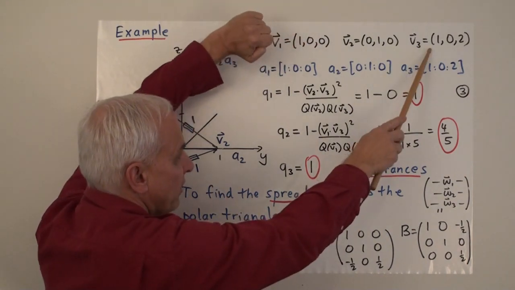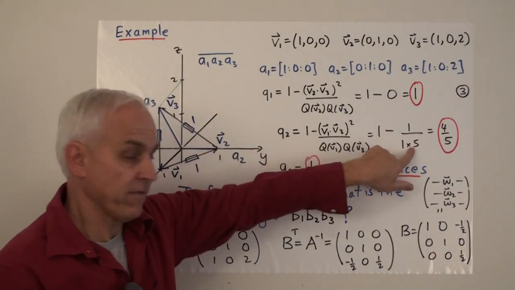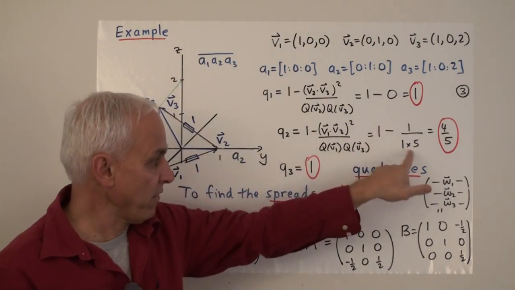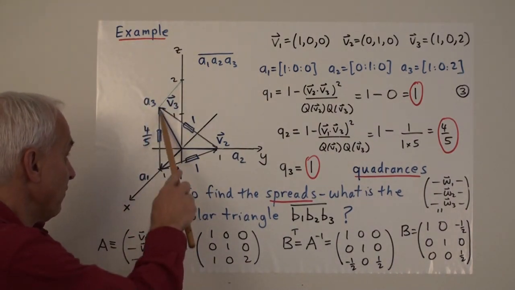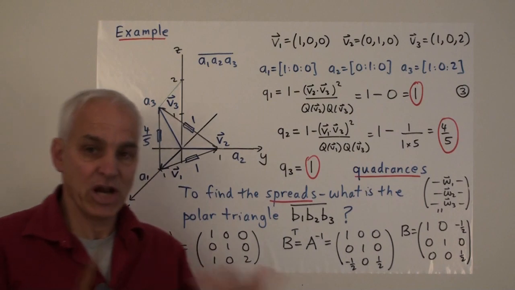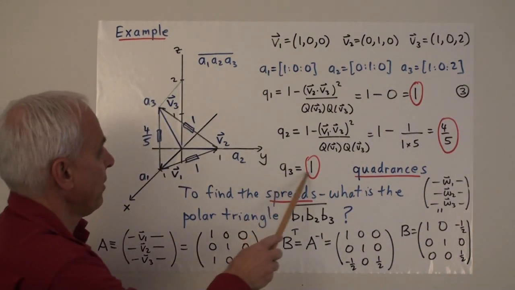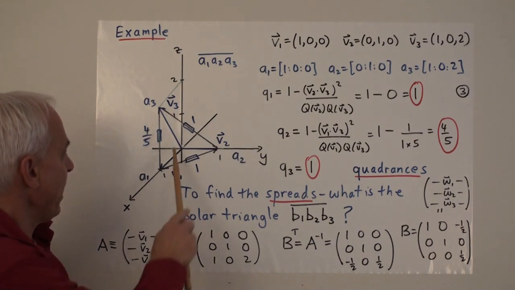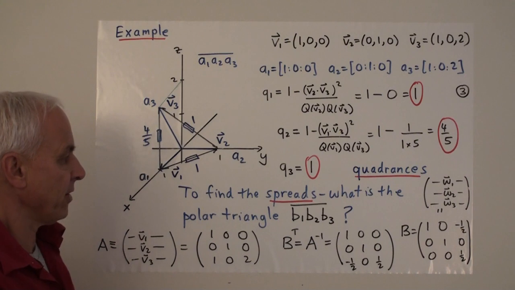The quadrance of V3 will be 1 squared plus 0 squared plus 2 squared for a total of 5. So 1 minus 1/5 is 4/5. That is the quadrance between these two vectors, the projective quadrance. And Q3, the quadrance between V1 and V2, is pretty obviously 1 because they're perpendicular.